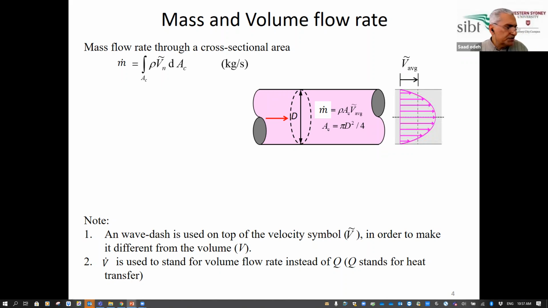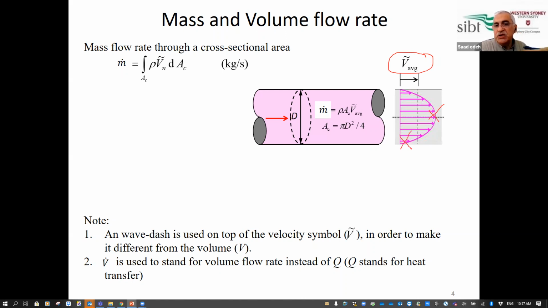We talked before about the velocity, average velocity in a system, and we said that we use the average velocity because in an internal flow, in a tube or a duct, the flow has different velocities. The velocity at the middle of the flow is higher than the velocity adjacent to the wall of the tube.